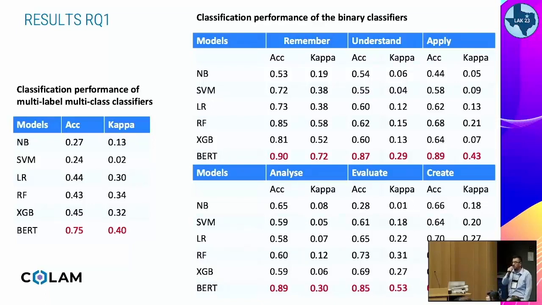We deemed that not sufficient for this type of analysis, so we transformed the task into a binary problem and classified each category separately. And the results that the BERT model achieved in this kind of problem were more encouraging, typically between 0.82 and 0.9.